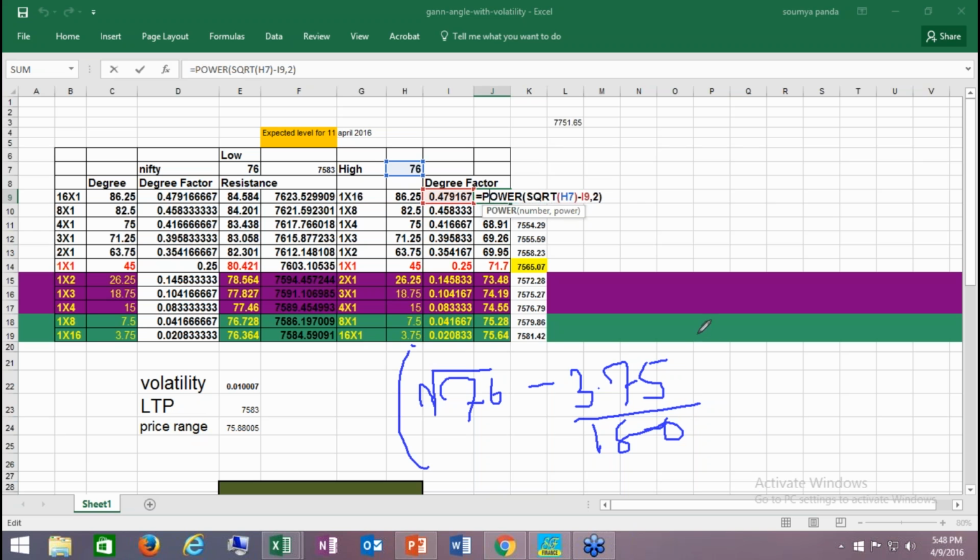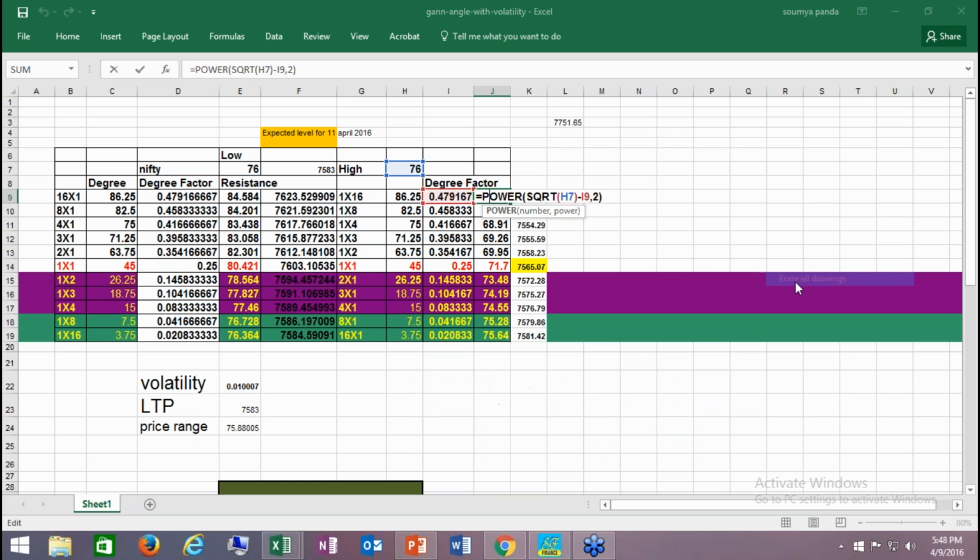This entire result I have to square, so that I can get the number which is below 76 in a proportion of 3.75 degree. So this is the relationship we need for our calculation. It says now that 76 points of oscillation is expected as per the volatility.